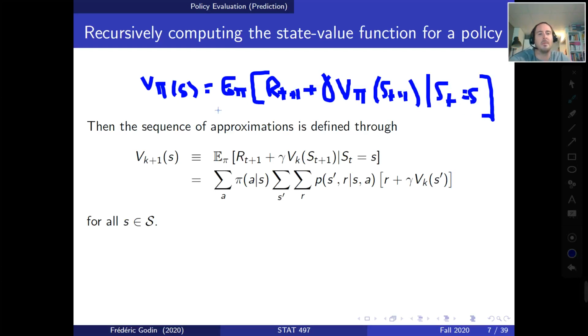Okay, so this was the Bellman equation for policy v pi.